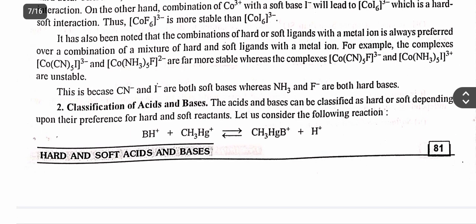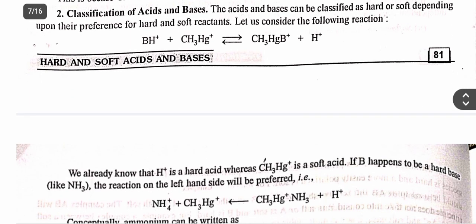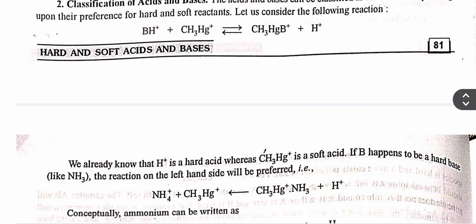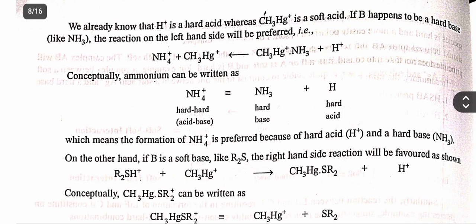Second, classification of acids and bases. Acids and bases can be classified as hard or soft depending upon their preference for hard and soft reactants. Let us consider the following reaction: BH+ + CH3Hg+ gives CH3HgB + H+. We already know that H+ is a hard acid whereas CH3Hg+ is a soft acid.